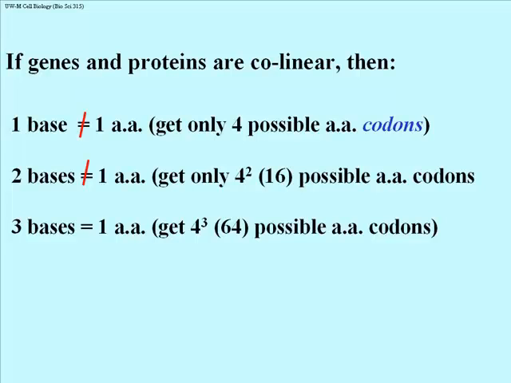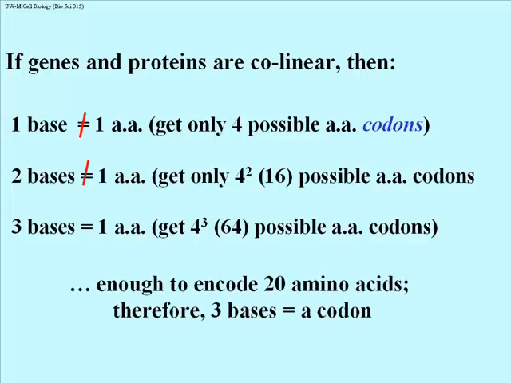Imagine that a code word was made of 3 bases, then you could get up to 64 possible amino acid codons. And that was enough to account for the 20 amino acids. If you had 4 bases per amino acid, that would be 256 different possible codons, and that's way more than enough to get 20 amino acids. And while it wasn't formally excluded, it didn't seem reasonable to go beyond a triplet codon.